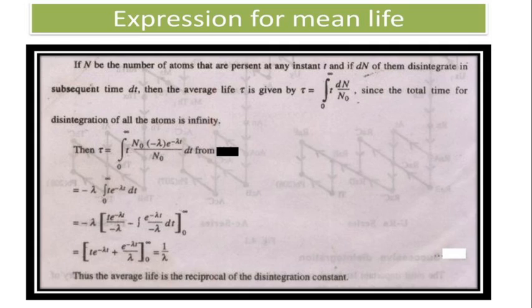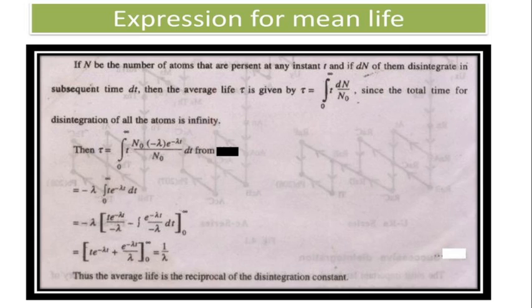So integral 0 to infinity of t N0 lambda e raised to minus lambda t dt divided by N0. It's easy to simplify the integration, give the upper limit and lower limit, and you can find the value of mean life or average lifetime as 1 by lambda.